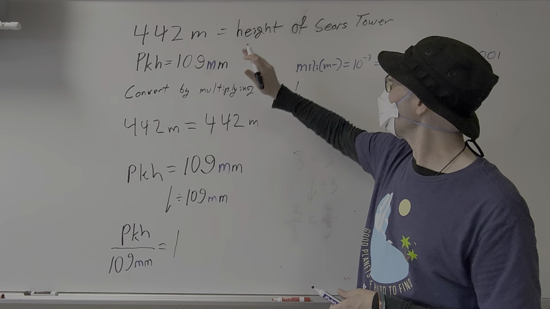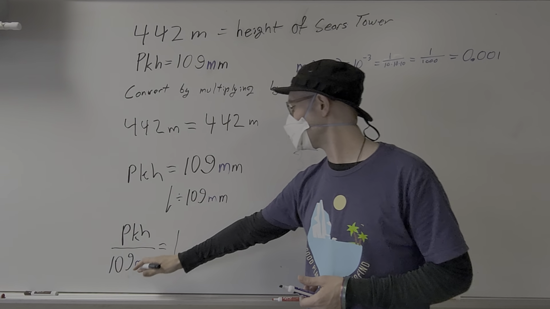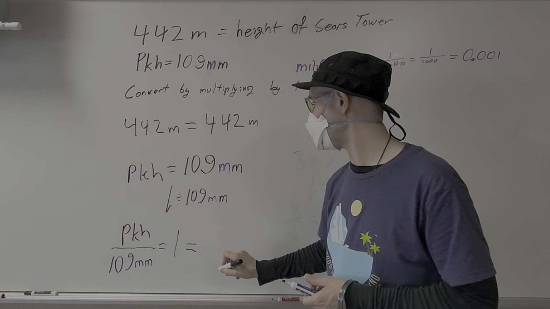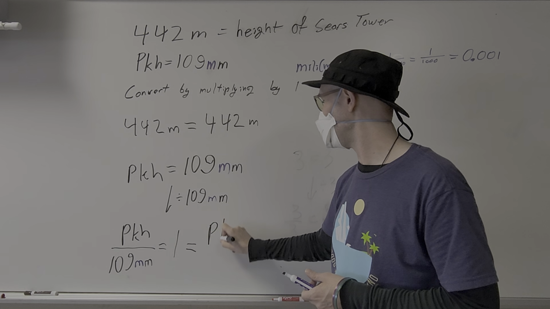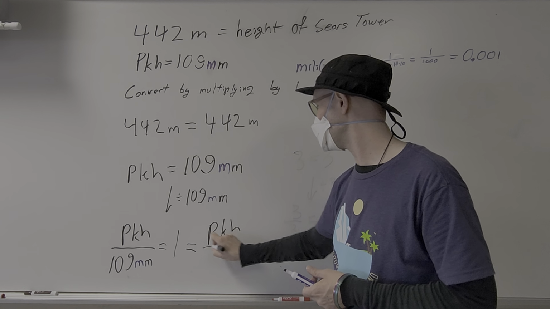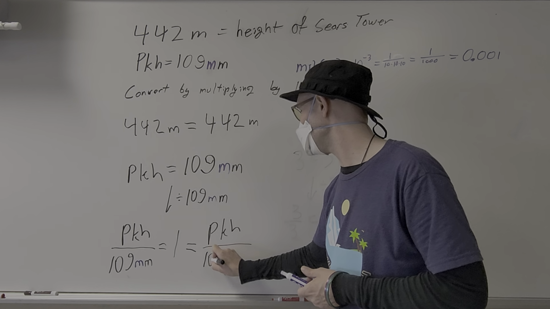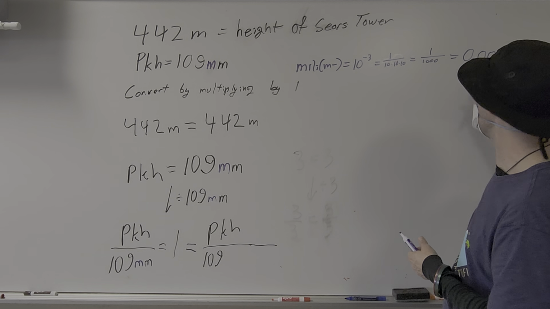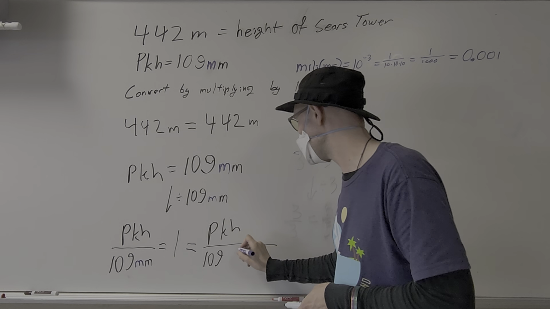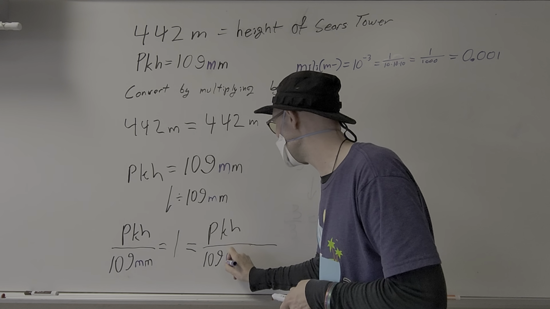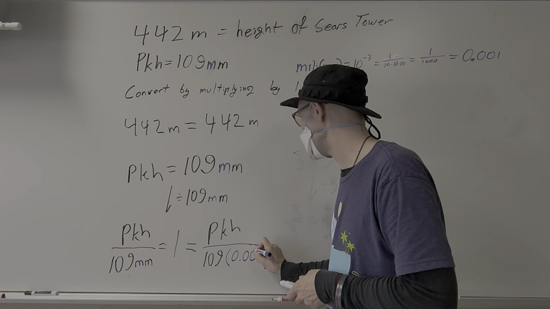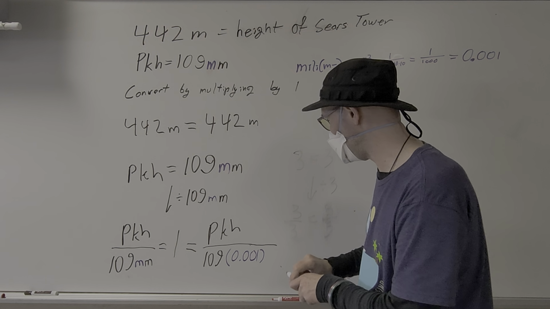Since I'm doing a conversion, I might want to simplify that so it's in meters. The way I can do that is I can write it as percentile hand is 109, and then replace that milli with a numerical value. So that's the same as times 0.001 meters.